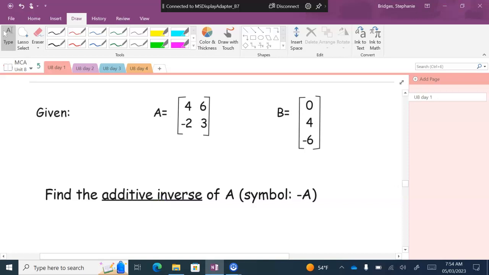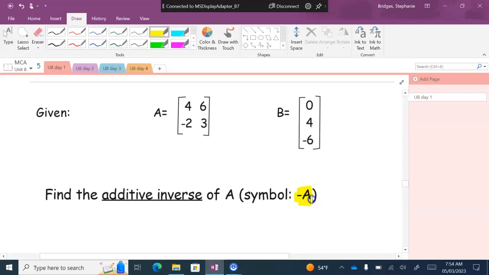2 new matrices. We're going to talk about finding the additive inverse of a matrix, which is basically just the opposite of every number in the matrix. That's what the additive inverse is. We have matrix A, we have matrix B. We're going to find the additive inverse of A, and it tells you what the symbol is.